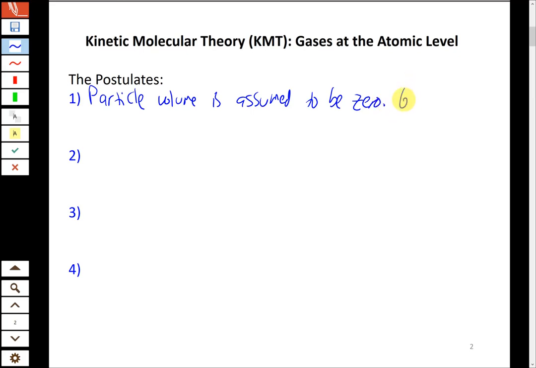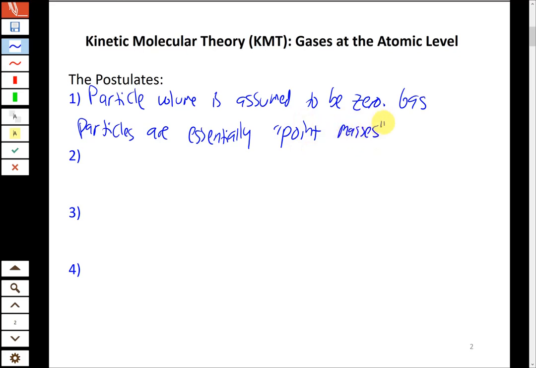Essentially, in this theory you're treating gas particles as point masses. So they have mass, but they don't have volume. As we know, that's not rigorously true, but a lot of theories have assumptions built into them to make them work, and this is one that we're going to use for kinetic molecular theory. So gas molecules, whatever is making up that gas, are assumed to have mass, of course, but no volume.